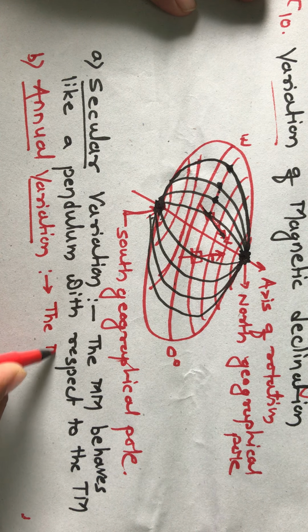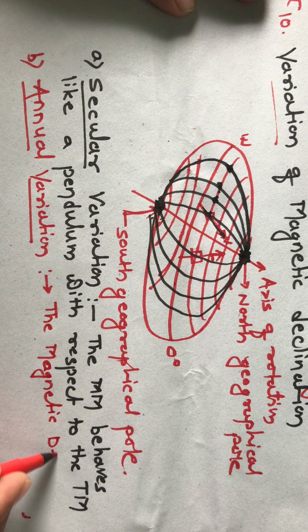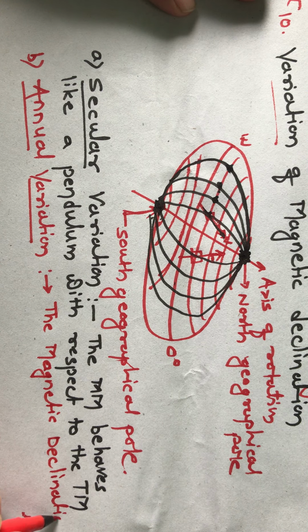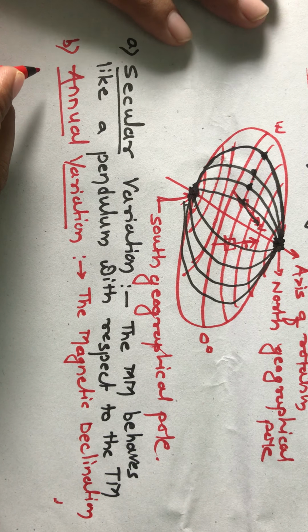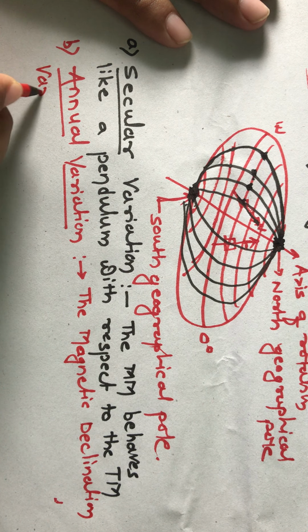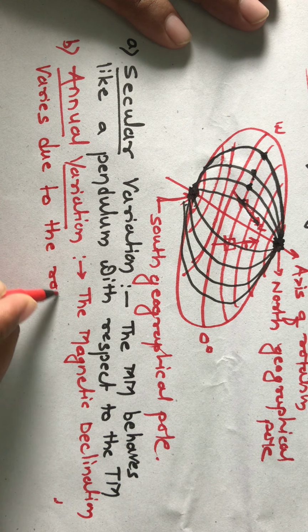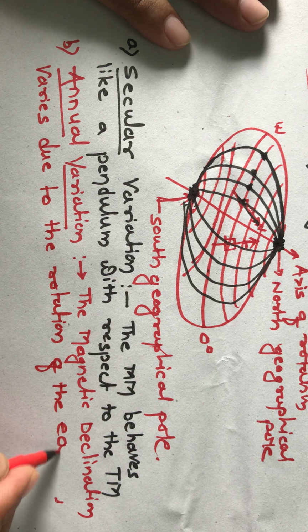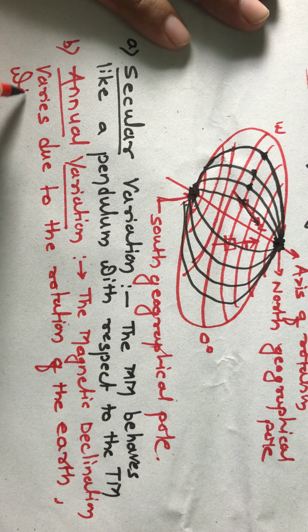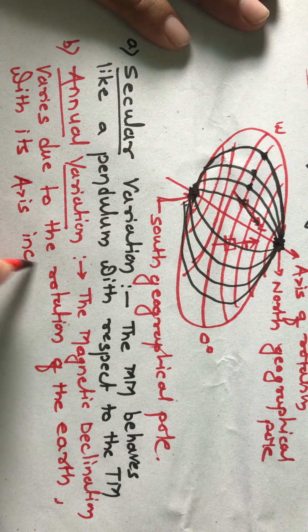When the magnetic declination varies due to the rotation of the earth with its axis inclined in an elliptical path around the sun during a year.